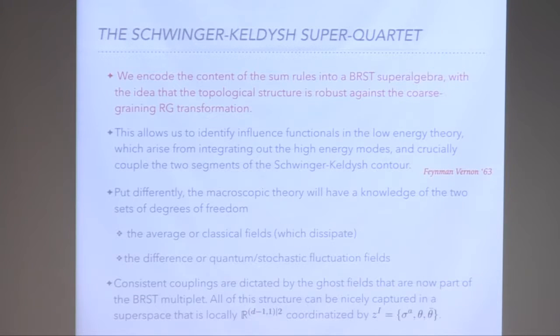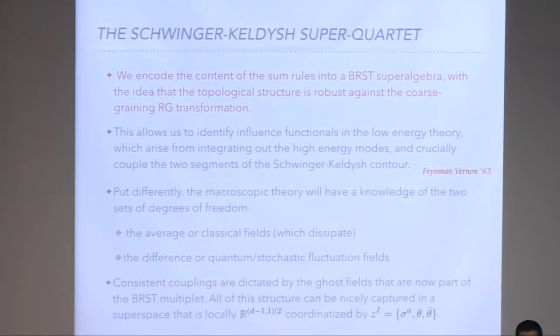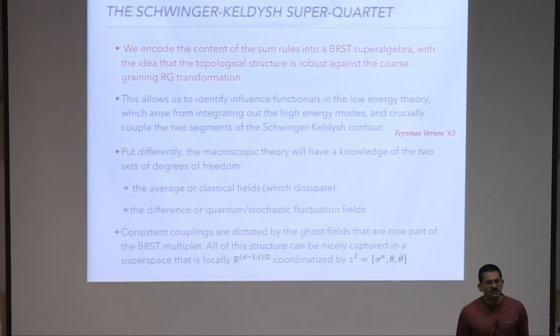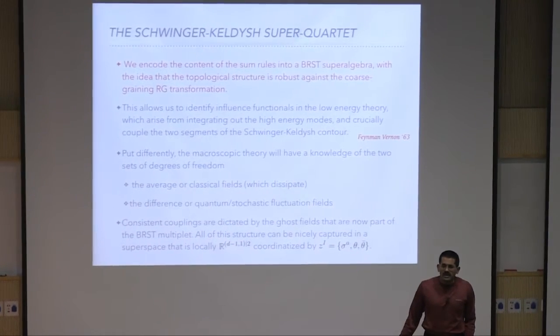So if I say that the microscopic theory has a topological symmetry, that topological symmetry cannot disappear as I integrate out UV degrees of freedom. So I might as well start by trying to constrain my macroscopic theory, the low energy theory, with these topological symmetries.